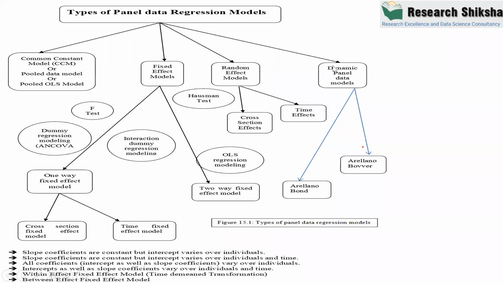And then we will discuss the dynamic panel data model. In the dynamic panel model, we have two popular models, like the Arellano-Bond model and the Arellano-Bover model. I will also discuss the panel unit root test, which we can conduct with the help of Stata. So this is the coverage of the workshop.